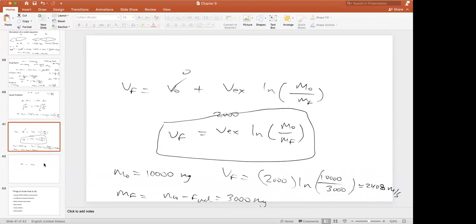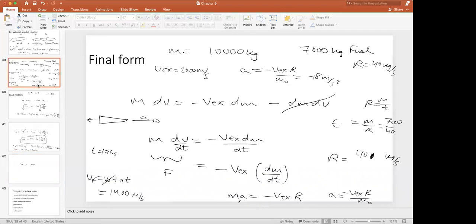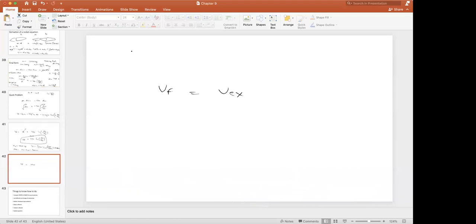Since this, remember that, where was it? a is minus vex r over m naught. So you could find r is a m naught over vex with a negative sign.